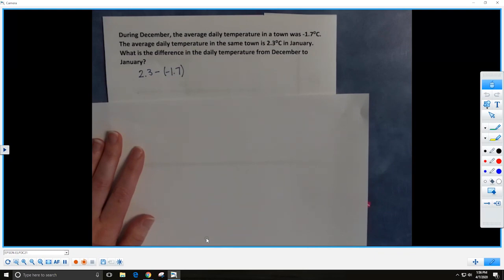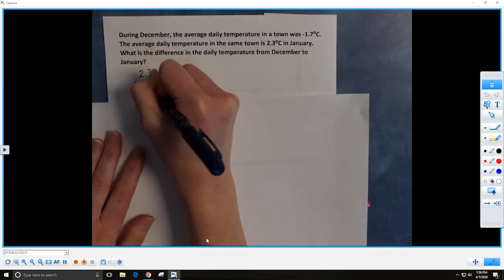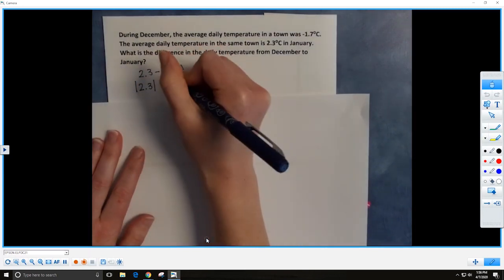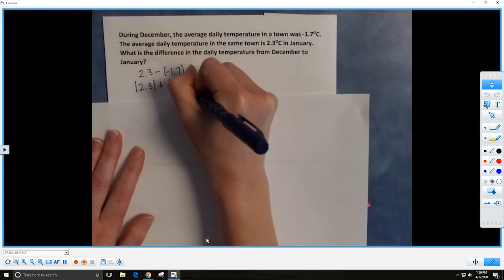Remember from yesterday that absolute value is the distance that a number is from 0 on the number line. Good. We could write the absolute value of 2 3/10 plus the absolute value of -1 7/10.